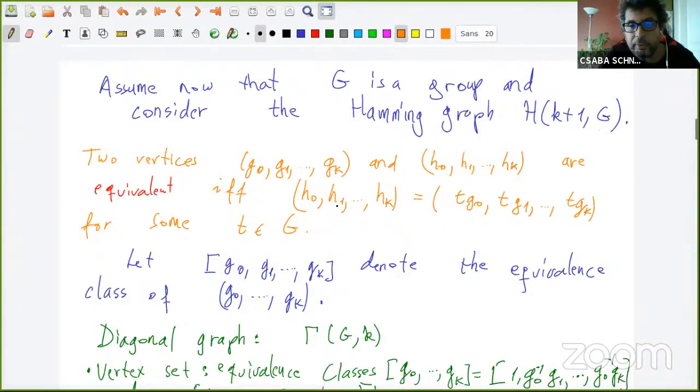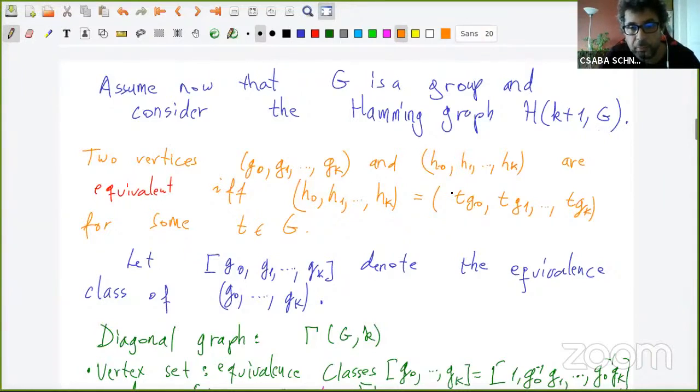And we call such vertices equivalent whenever the second vertex can be obtained from the first vertex by simultaneously multiplying each entry with the same element from the group. So here you see we are already using in the definition of this equivalence relation that the underlying set of the Hamming graph is a group.